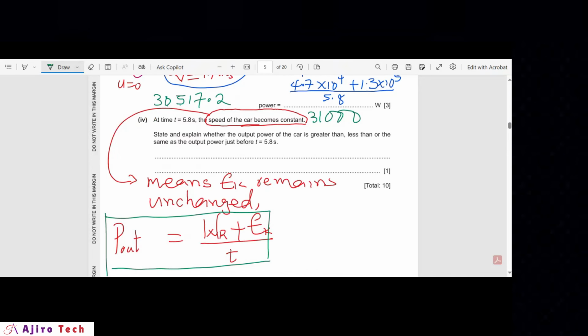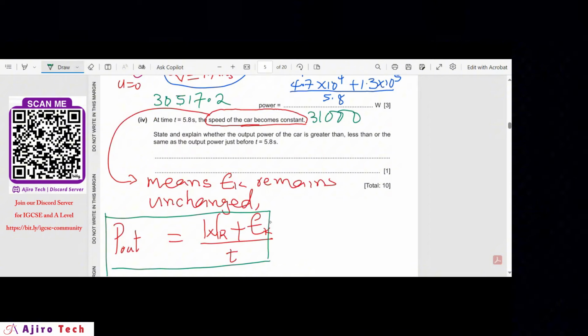So what will now happen? This KE remains constant, it does not increase because the speed is constant. So the power output is going to be less. Why? Because as the speed is constant, work is done against the resistance, but the kinetic energy remains the same, so the total work done will decrease.